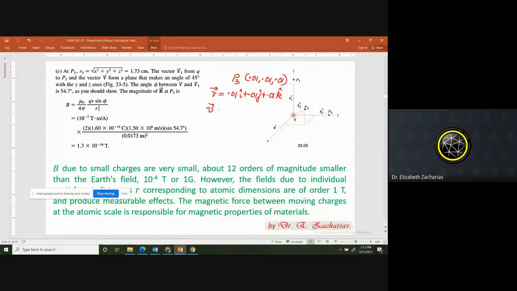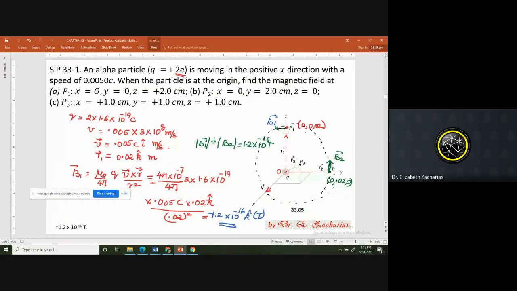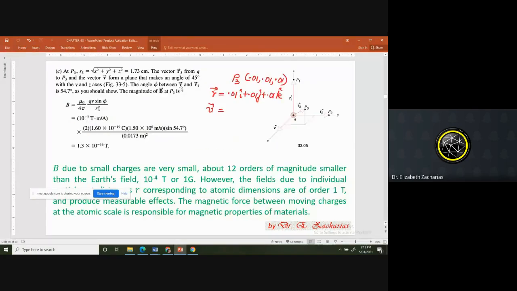Velocity is still the same. What did I say is the velocity? Velocity is 0.005 times the speed of light, and it is along the i cap direction.